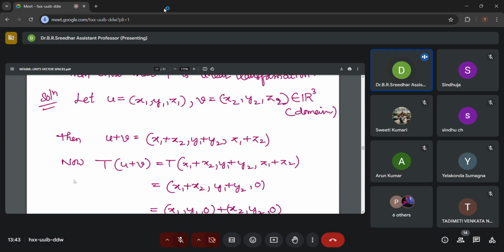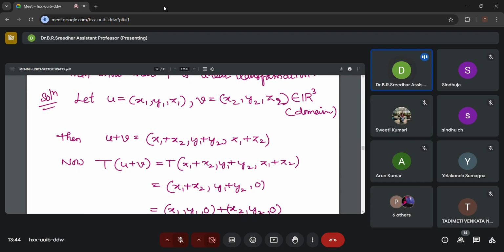Now let me take the transformation T of U plus V. I took the transformation on both sides, for the sake of understanding. So T of x1 plus x2, y1 plus y2, z1 plus z2. Please try to concentrate here.